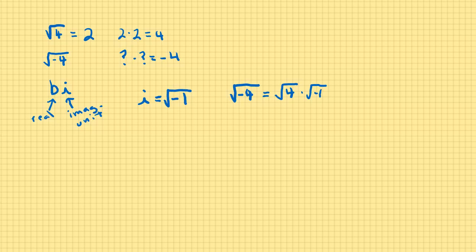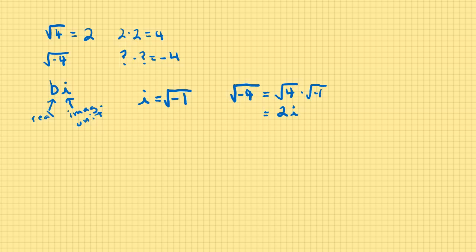So all we did was we just broke 4 apart as 4 times negative 1, and you can separate the two radicals like this. So the square root of 4, that we do know, the square root of 4 is 2. And the square root of negative 1, well, by definition, that's i. So the square root of negative 4 is 2i.